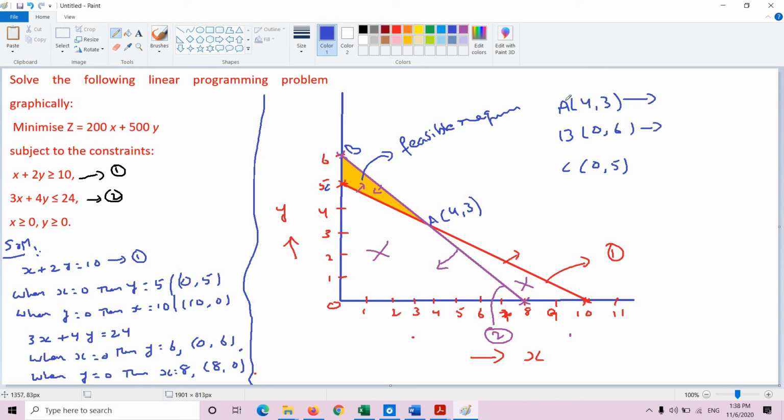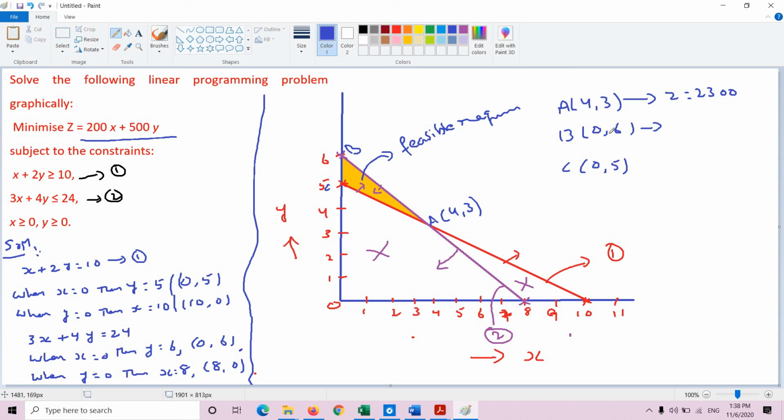We take the minimum Z here, the objective function. 200 times 4 is 800, and 500 times 3 is 1500. 1500 plus 800 is 2300. So for x equal to 4 and y equal to 3, you substitute and get z equal to 2300.